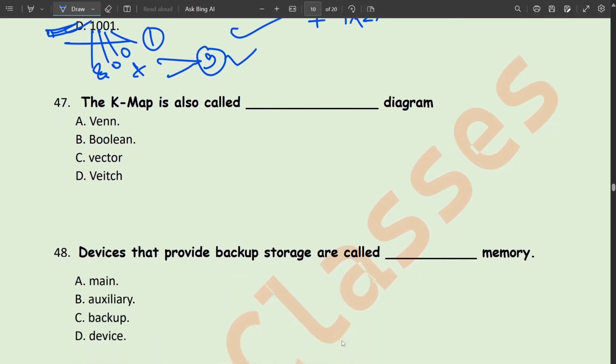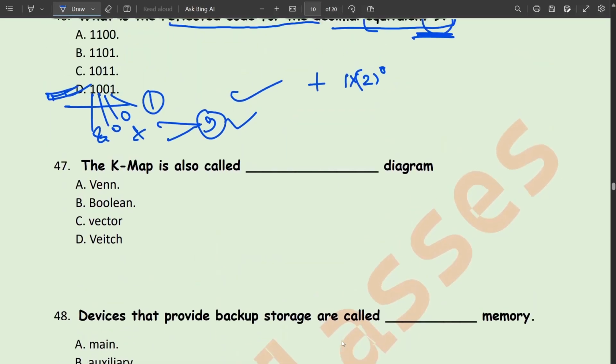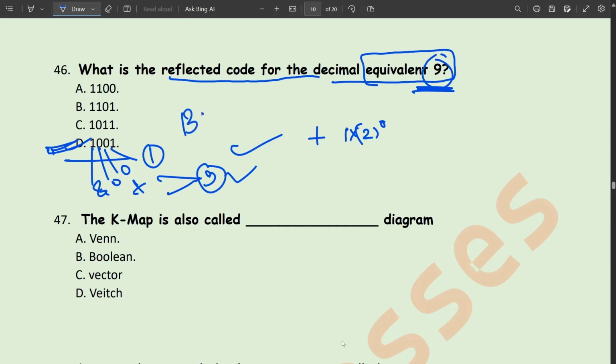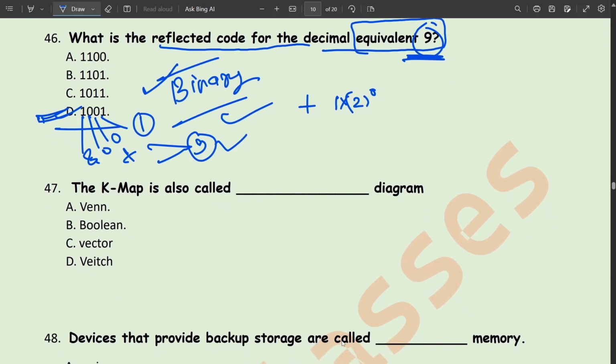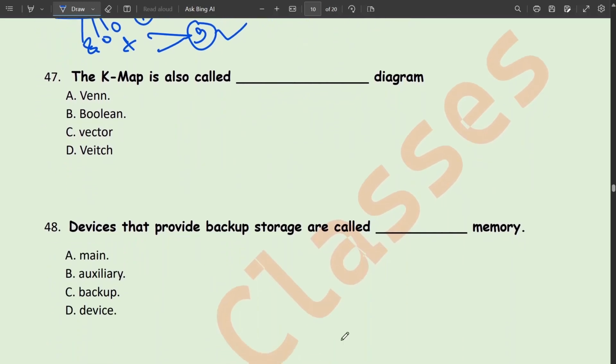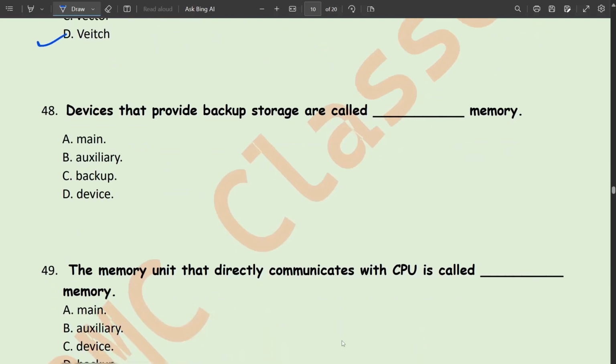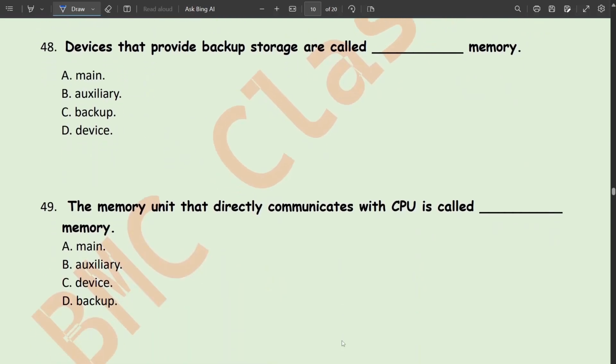Next, I can make a separate video on converting into binary, so you can watch that. So next, the K map is also called option number D, which is a diagram. Next, devices that provide backup storage are called?